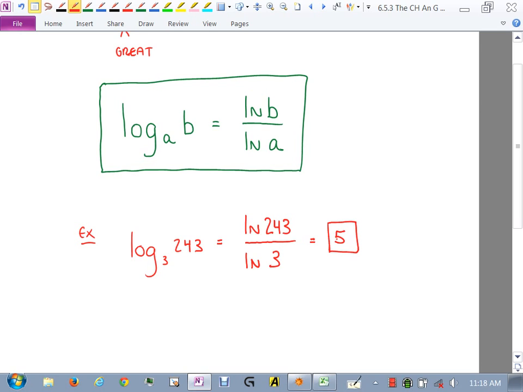The important thing is that every calculator is a little different. Yours is different than his. So you just have to make sure you understand how to use your calculator. I don't want you running into an issue with this. Okay, now this is extremely powerful, all right? And this answers the question: if you bought a scientific calculator, like mine, this one's a $150 calculator, why does mine only have a natural log key?